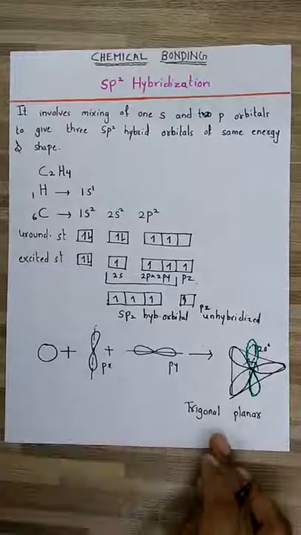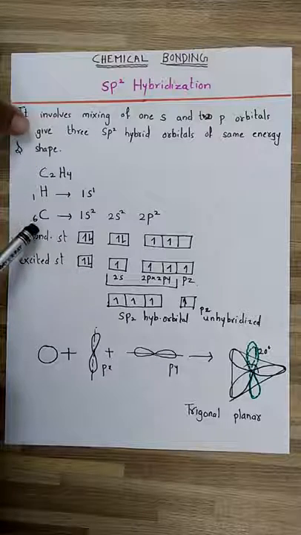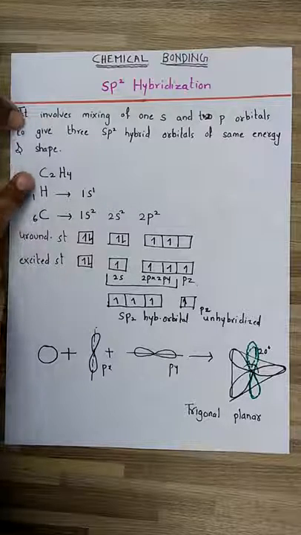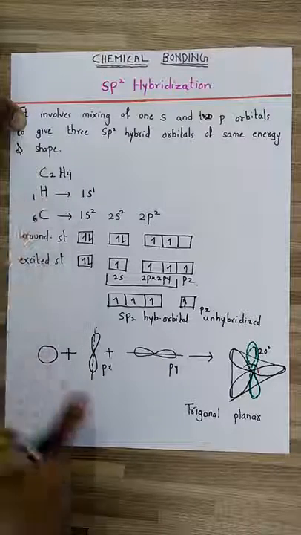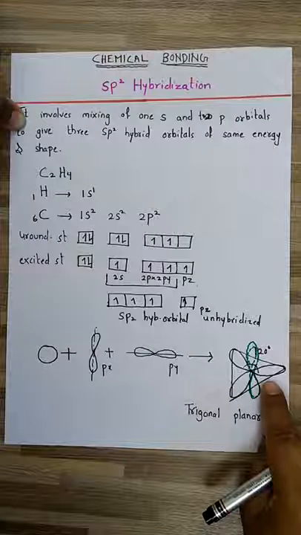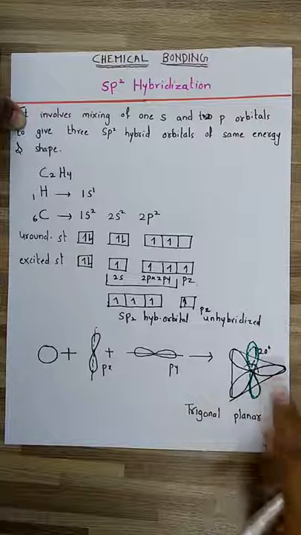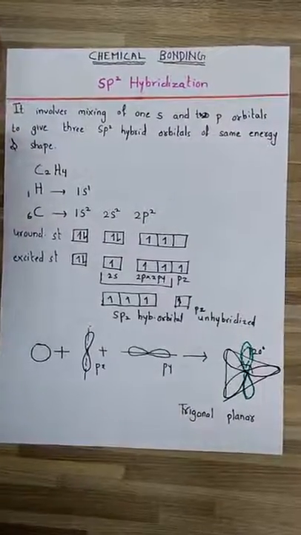Okay, so this type of mixing and recasting will take place for both the carbon atoms. We have two carbon in C2H4. Both these carbon will undergo sp2 hybridization, and will have this type of hybrid orbitals. Now what will happen next? In the next step, the two carbon atoms with 3 sp2 hybrid orbitals will overlap with each other.